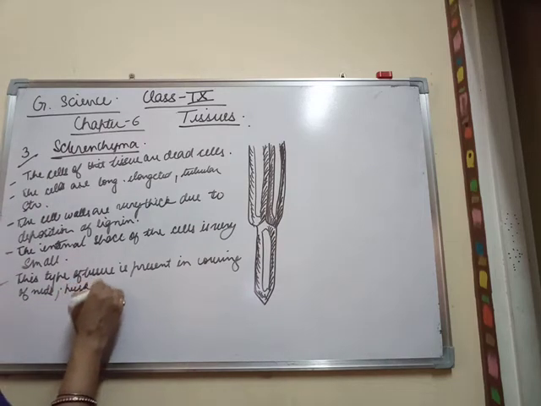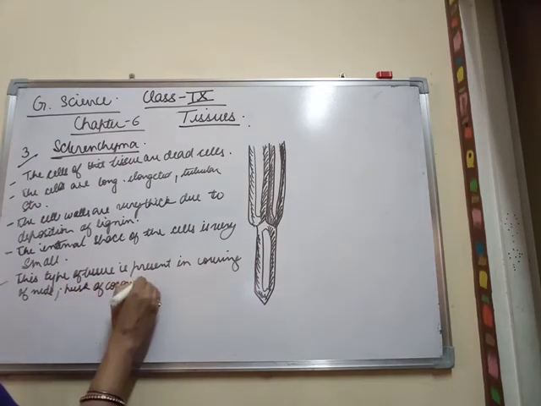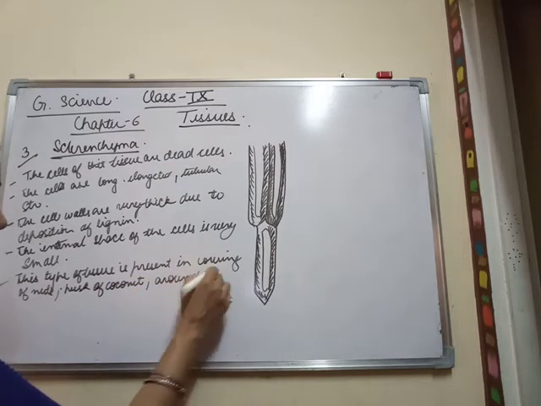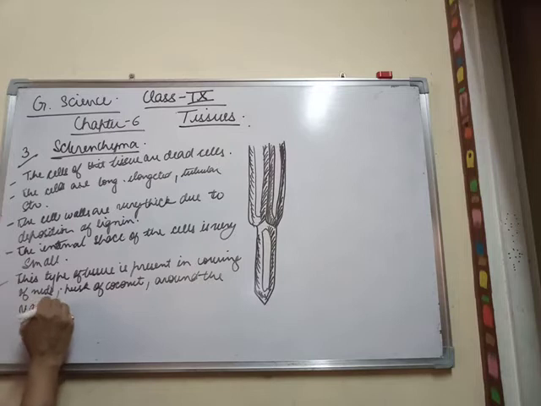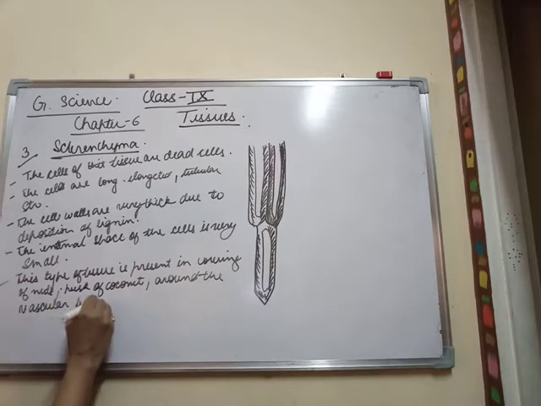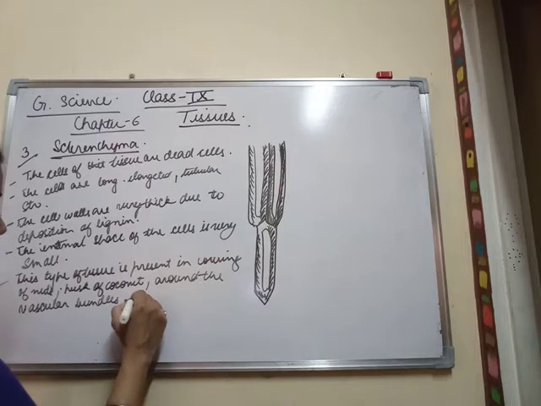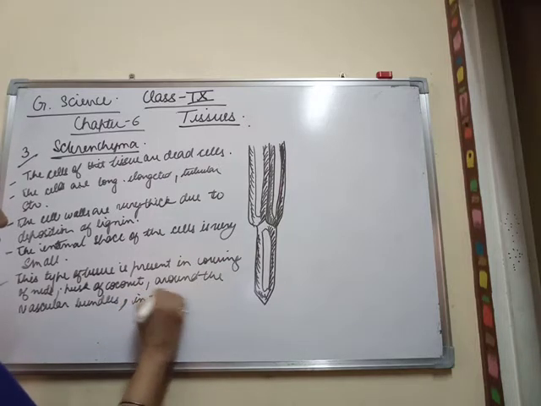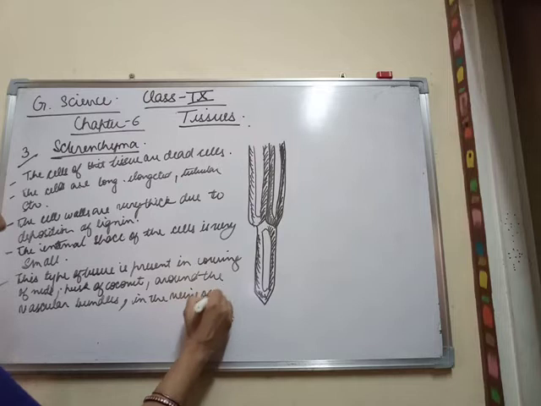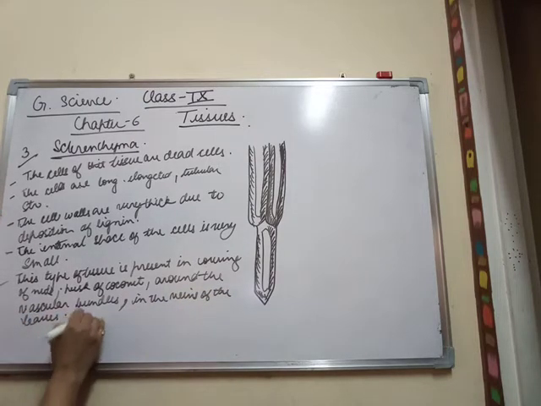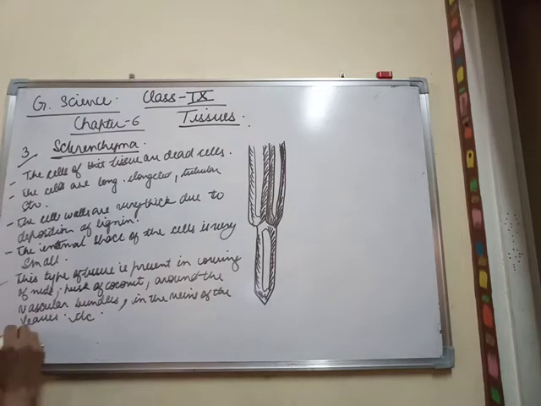Then you are going to see it around the vascular bundles, in the veins of the leaves, etc. The main function of this type of tissue is to provide mechanical strength to various plant parts.